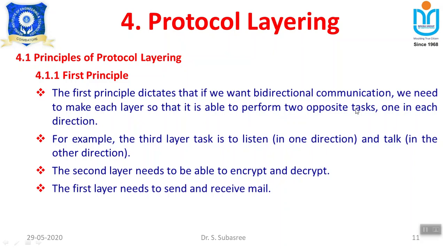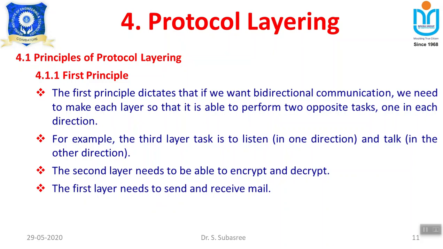That is the reason why I told you when one person is listening, another person can be talking. And if one is doing encryption, the other person has to do decryption. And one is going to send and another one is going to receive. So here in this third layer, the task is listen in one direction and talk in the other direction. Is it not? The second layer needs to be able to encrypt and the other person has to decrypt. The first layer needs to send and the first layer on the receiver side needs to receive.